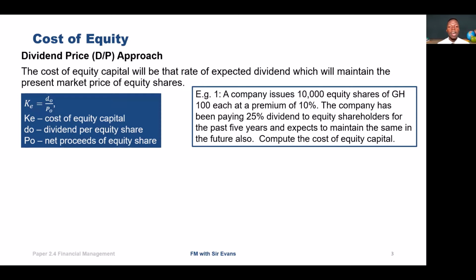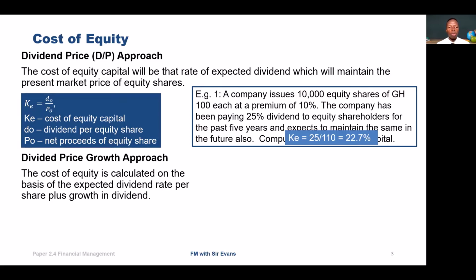Because the shares are issued at a premium of 10%, the price of the share becomes 100 by 10%, which is 110. So our cost of equity becomes 25 over 110, being 22.7% for the cost of equity.